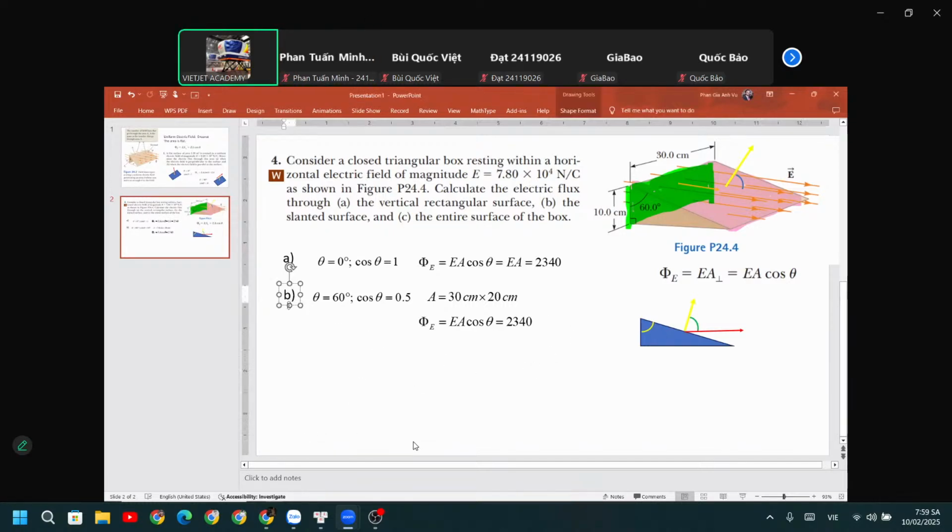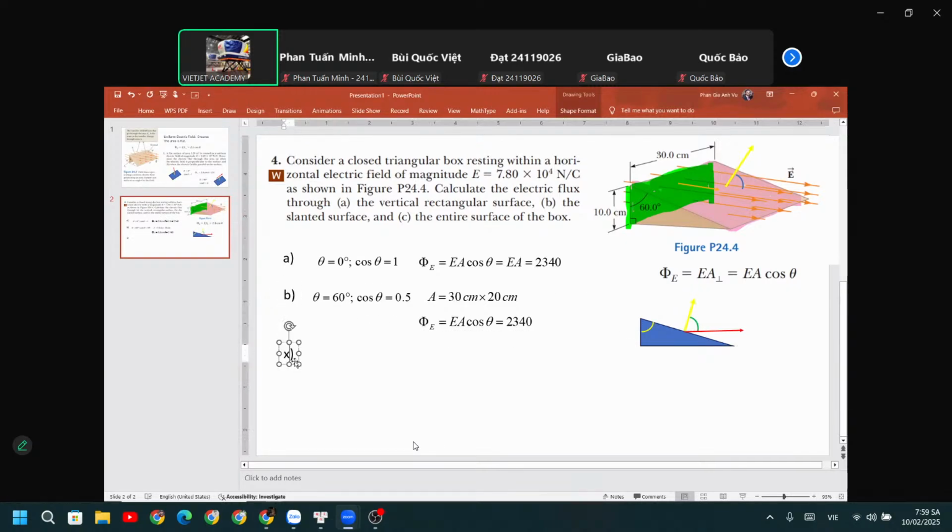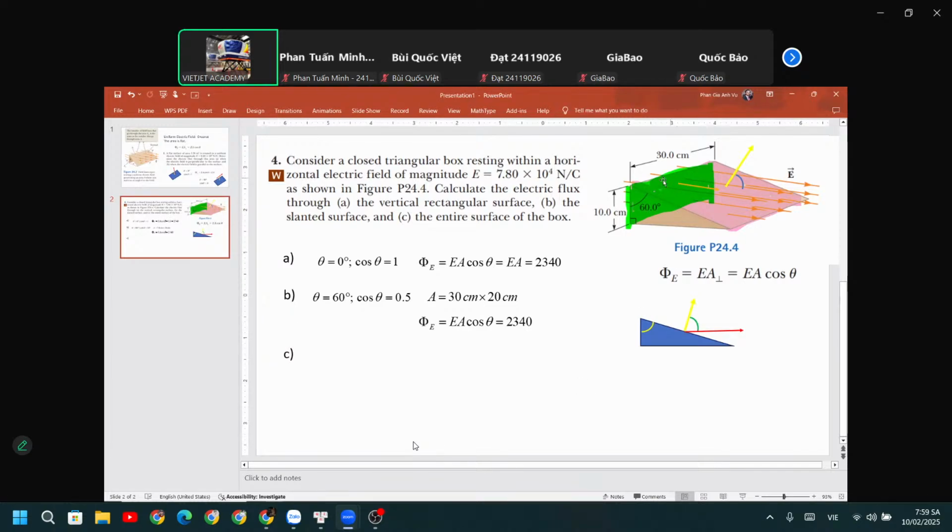So now for the question C, the entire box. So you have the green surface, you have the purple surface here, and you have another three surfaces, right? One is this surface, another one is this surface, and then at the bottom.